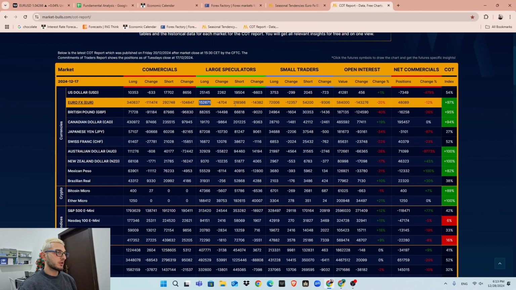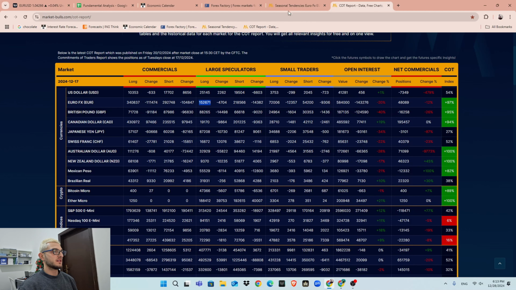So large speculators are more short than long, but based on the change, they are taking out short positions and taking out long positions. When we start with the first 3 weeks of January, we shall see if this will align with the seasonal tendency and with the fundamentals.